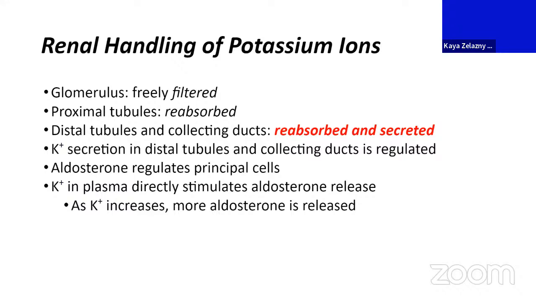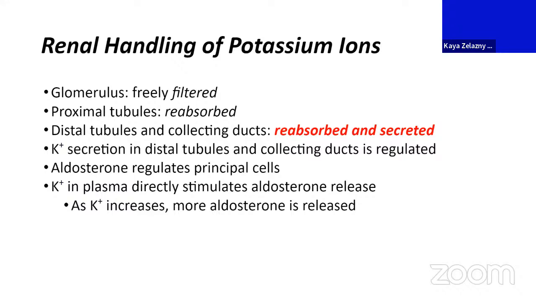That proximal tubule is our mass reabsorber. Okay. Now, when we think about the distal tubules and the collecting ducts, here is where things are going to get a little trickier, right? So here's where we can regulate things, and we can actually have two different actions going on in the distal tubules and the collecting ducts. So some reabsorption is going to happen and some secretion is going to happen.